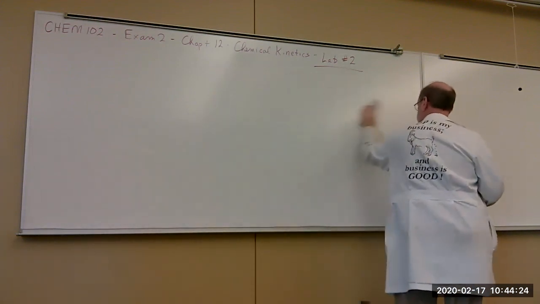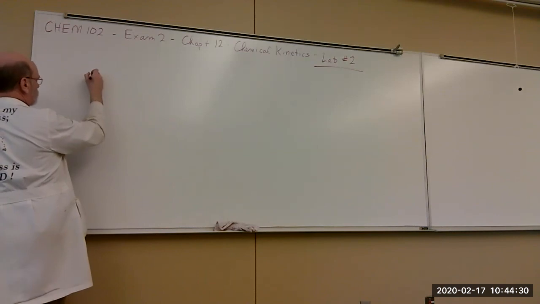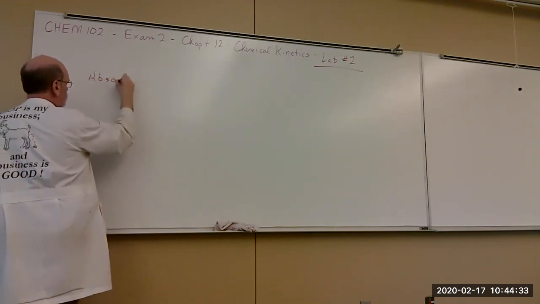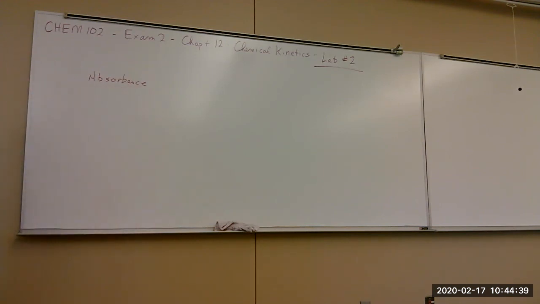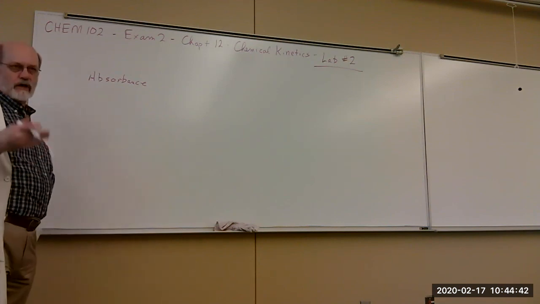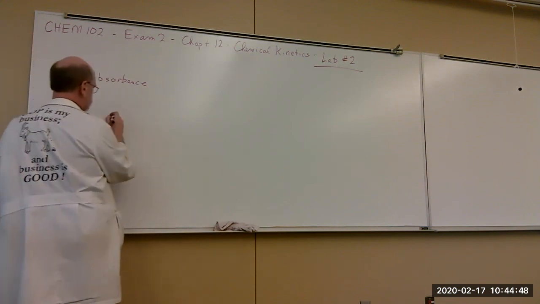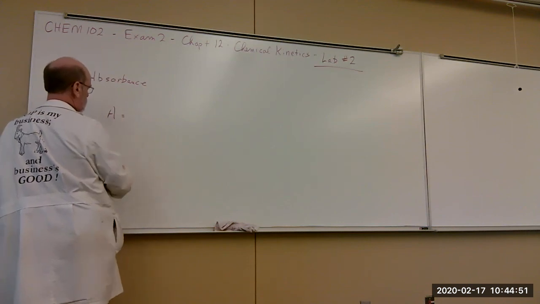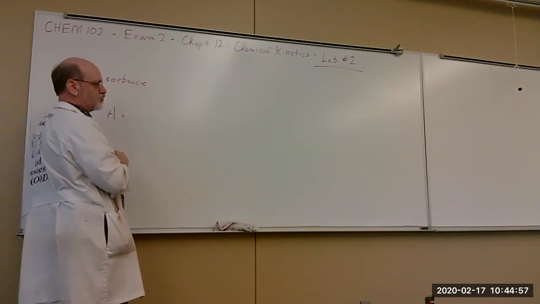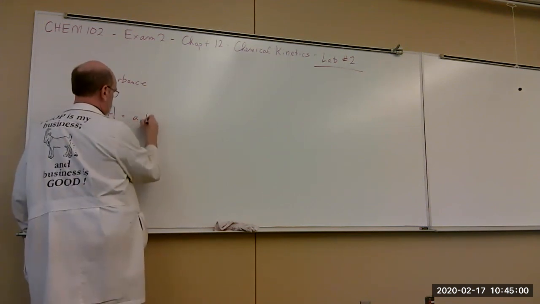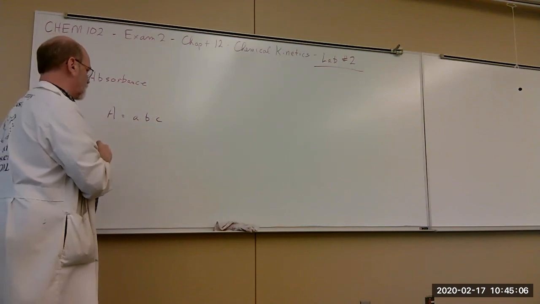So I've got 2. Oh, one other thing I didn't talk about. Absorbance. We're going to be measuring absorbance values for our color, our dye. It turns out absorbance is proportional to, let's write it this way, A, B, C. So I have to tell you what the A, B, and C mean.